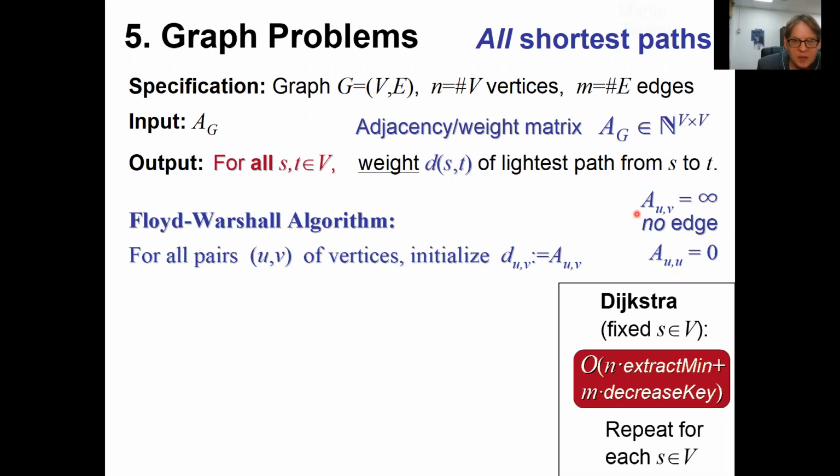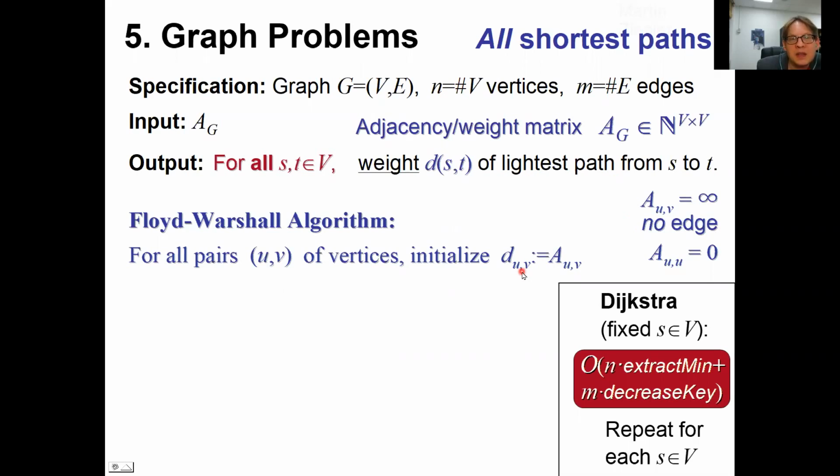But here we need to consider all possible target and all possible start vertices, which means this can be represented as a two-dimensional array, which is initialized with the value given by the adjacency matrix, which may include the value infinity, or, if an edge is present, a finite value.